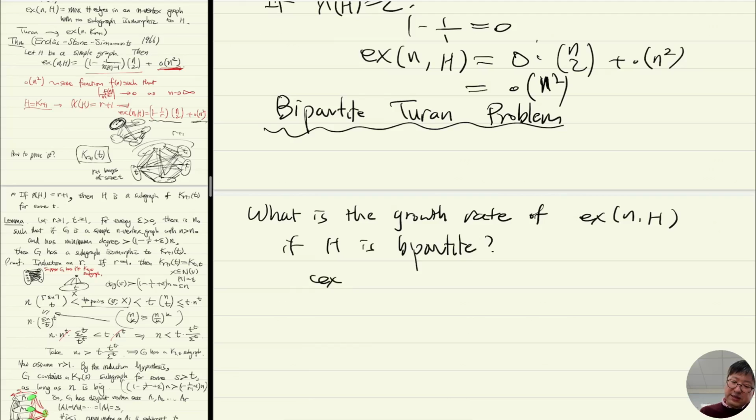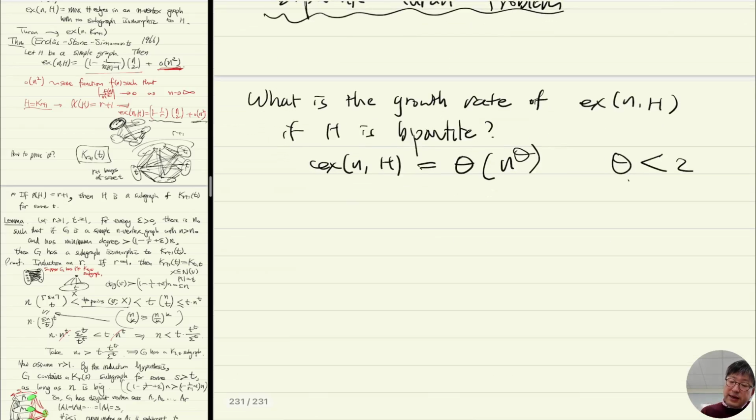And it's known that each of them is something like n to the zeta, where zeta is some number between 1 and 2. Okay, less than 2. And the precise growth rate is known for only small cases.